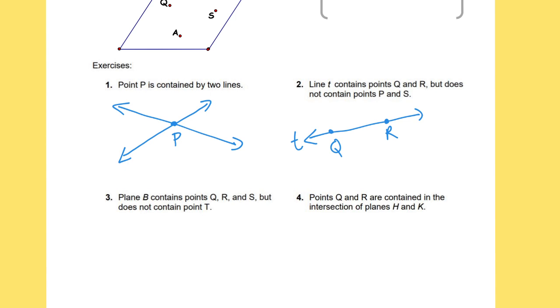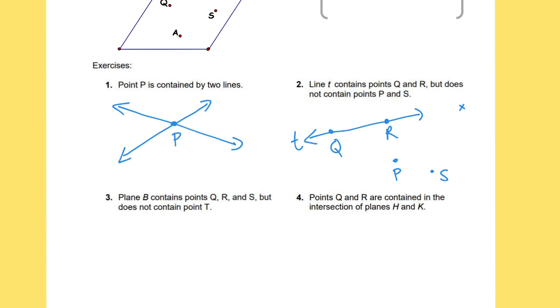But it doesn't contain points P and S. So here's point P, and here's point S. You just have to make sure you don't put them where they would potentially get intersected. If you put point P over here, then it probably would run into point P or S, so don't put it over there, in line with which way the arrows are going in either direction. P and S should clearly not be intersected by that line.